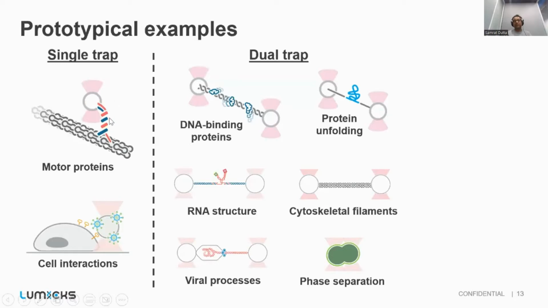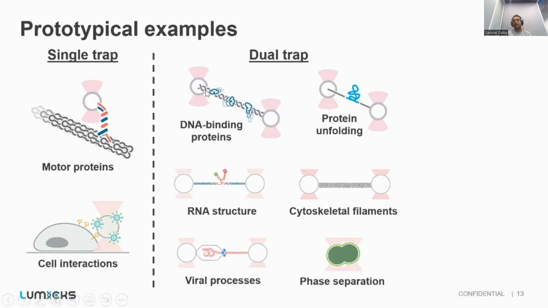When we want to study the interaction of kinesin with a microtubule, we only need a single trap. Similarly, for assays where we want to probe cells sitting on the surface, we can also use a single trap. A dual trap is essentially used for assays which need two handles.